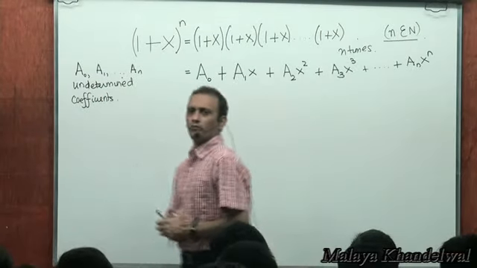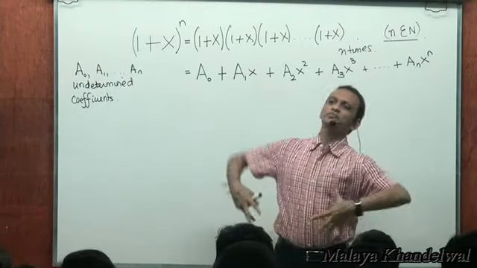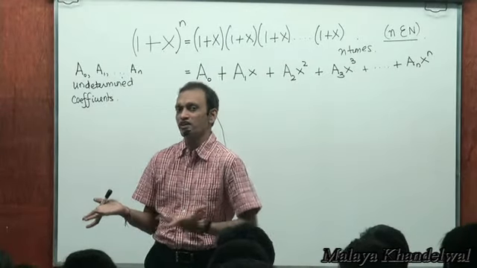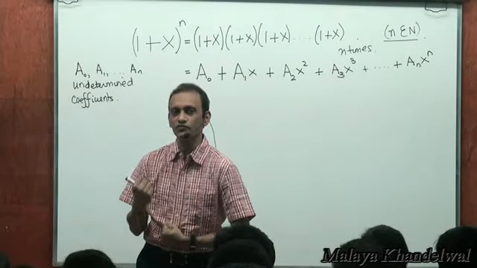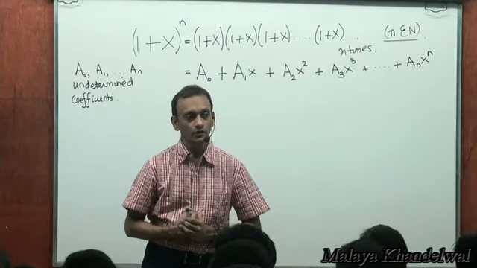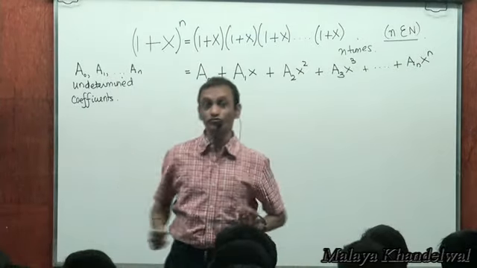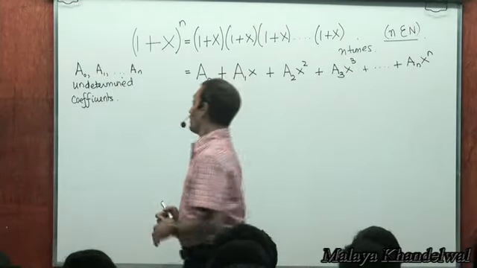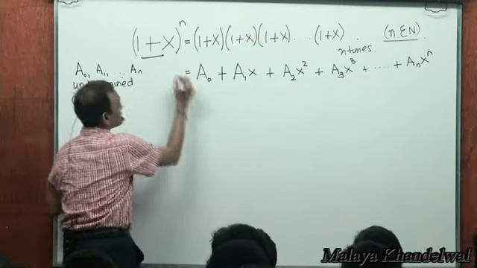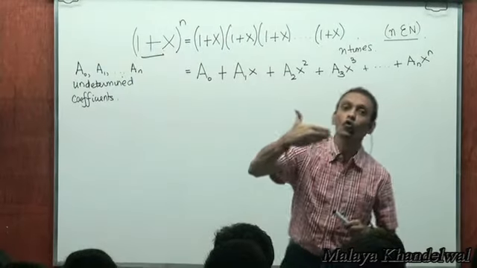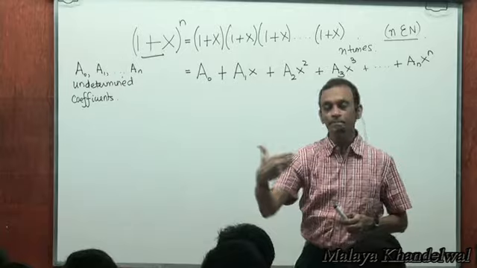Now, even before we venture into finding these values, some things that one can very readily see, even if one didn't know the values of a0, a1, a2, an, is the following. Since this is identically equal to this, the two expressions are equal for all values of x, right?